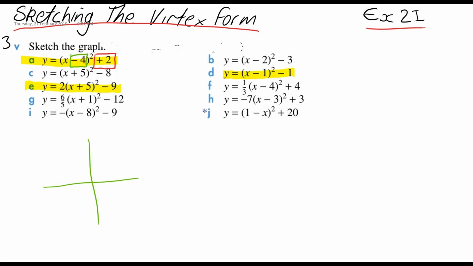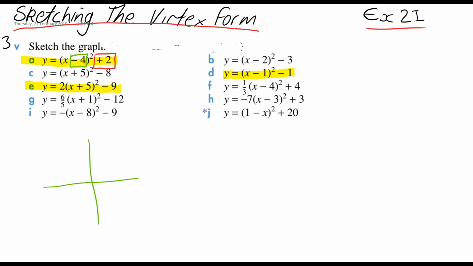Okay, so in the first example, the x coordinate comes from the -4, and sorry, I made a mistake already. The minus is a plus. In this form, when you've got a minus in front of it, it's actually a plus. So the -4 tells you that the vertex is +4, okay?